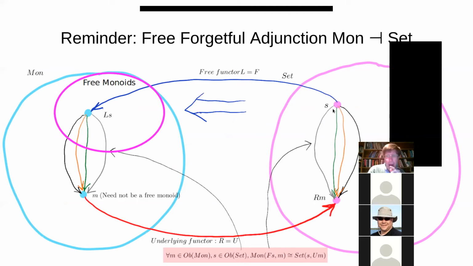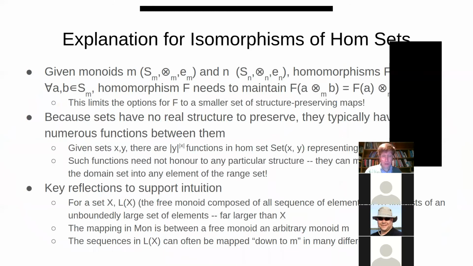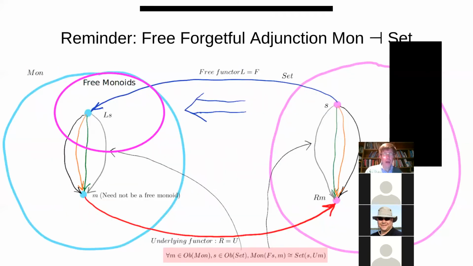You have to realize that S gets mapped to a free monoid. Any one of them is going to be mapped to free monoids. And free monoids are not any old monoid. Free monoids have a very particular structure, and they have elements that are quite expansive. You may have a set that has one single element, and it gets mapped to a free monoid that has an unlimited number of elements.